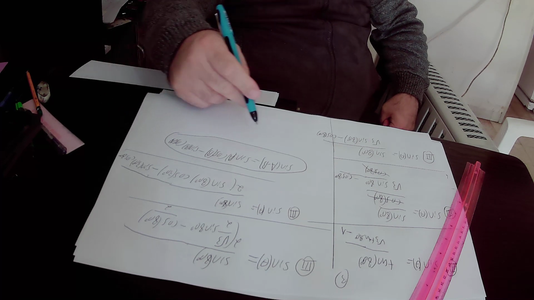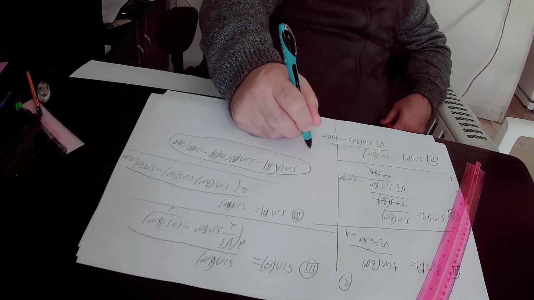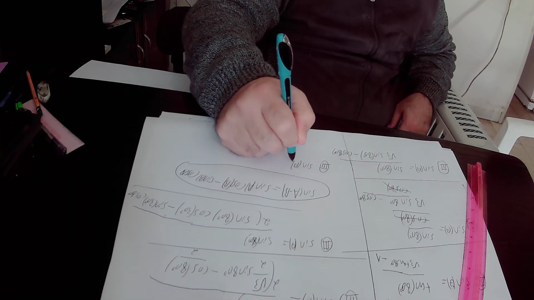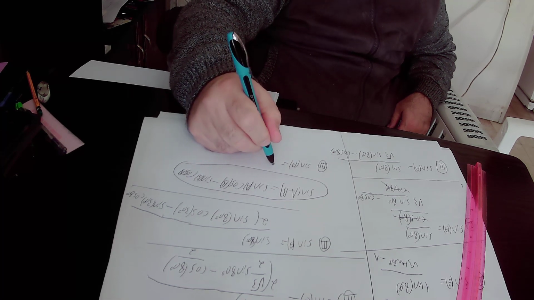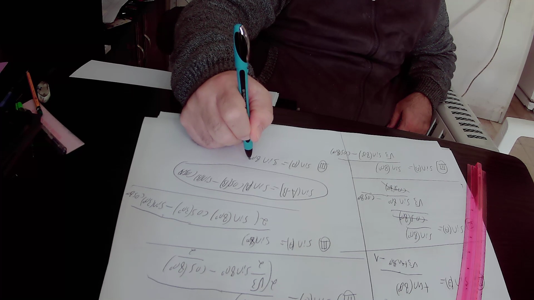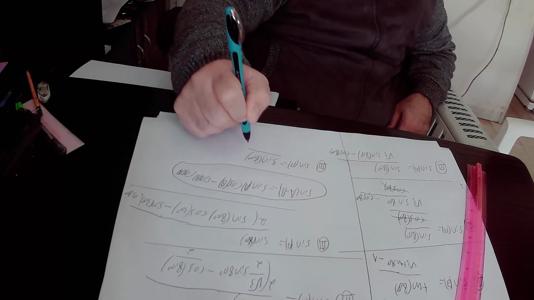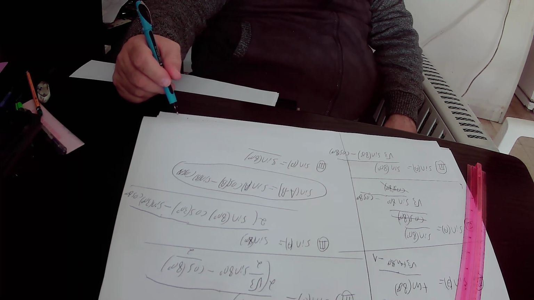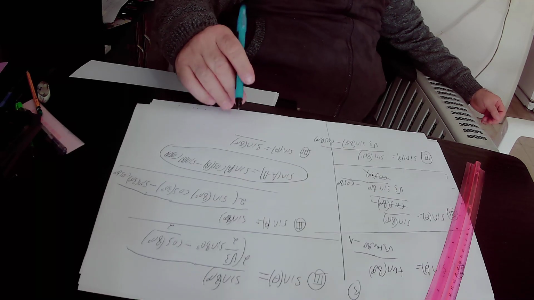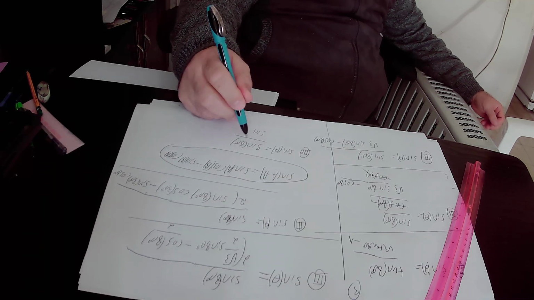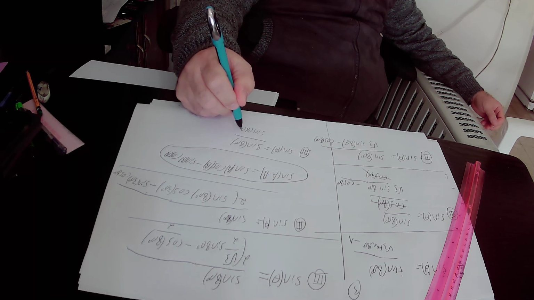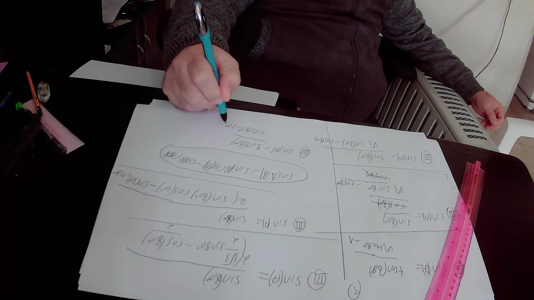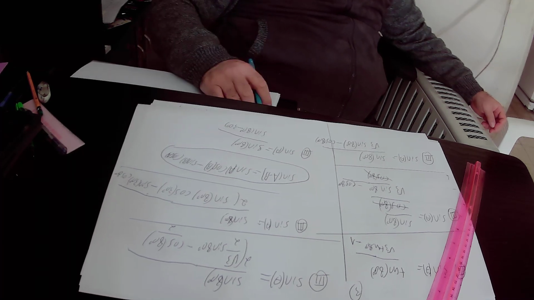According to this identity, it will be equal to sine (A minus B), where A is 80 degrees and B is 30 degrees, so it is sine (80 degrees minus 30 degrees). Okay?